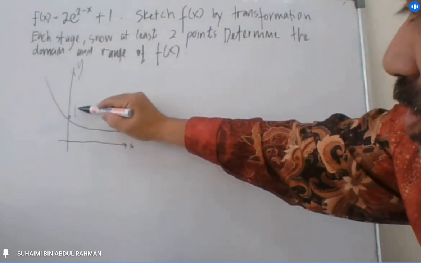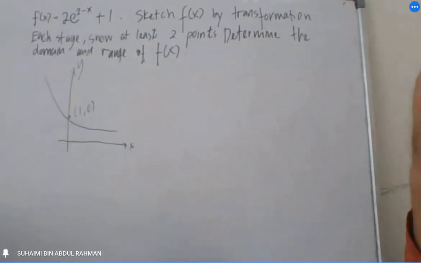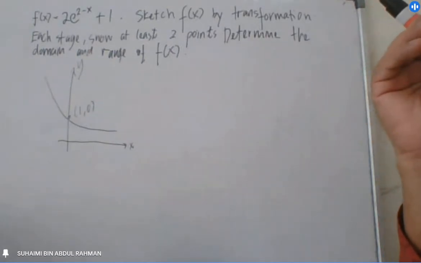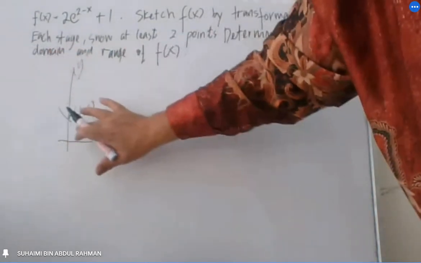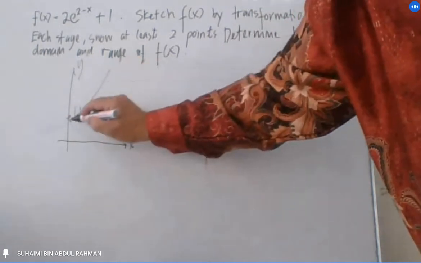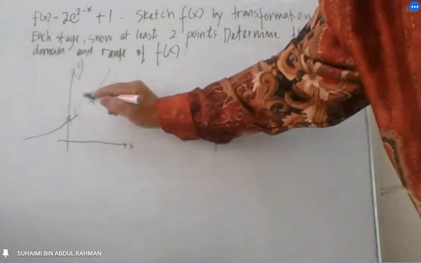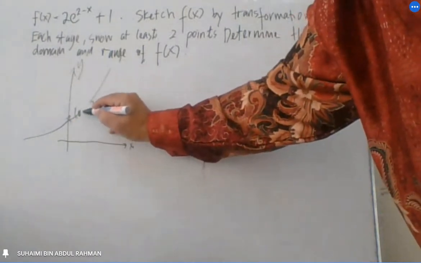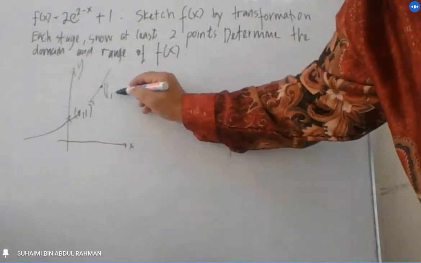The point here is point 1, 0. It's the same as the previous. Points here are points 0, 1, and another point is 1, e.